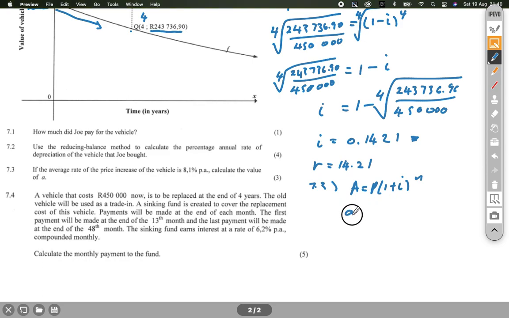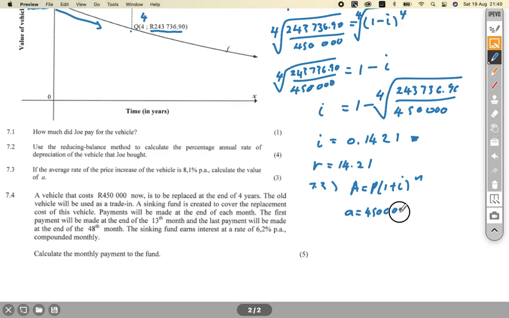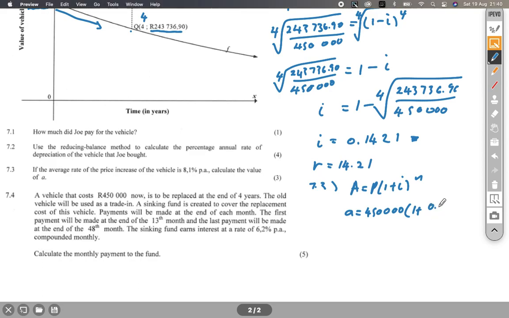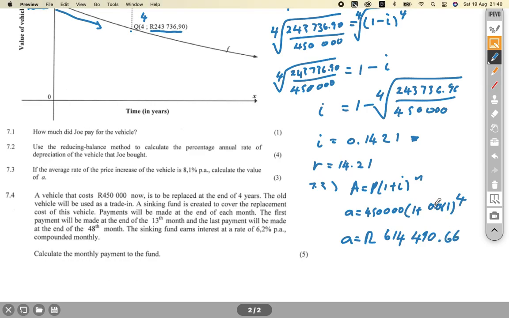This would be A, this would be 450,000, 0.081. Sorry for my handwriting. And it's after 4 years. So A would be equal to 614,490.66.